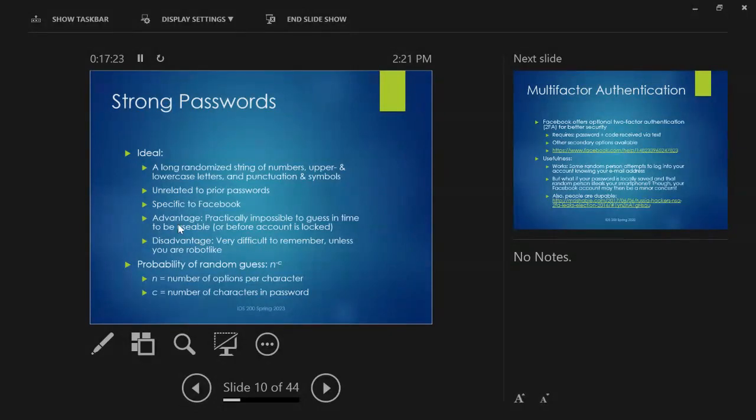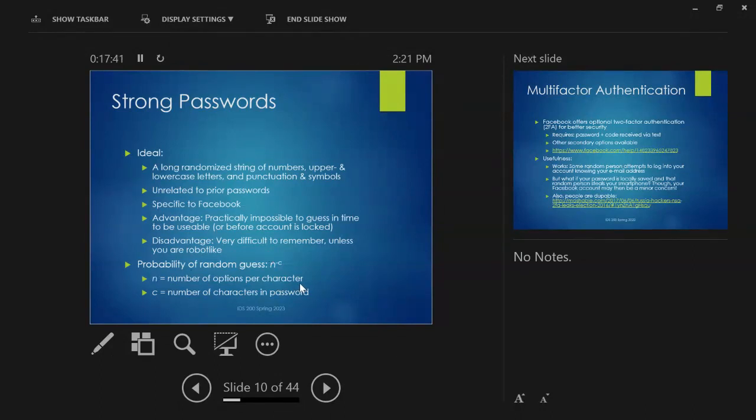All right. Now, you don't have to do math in this class. I'm not going to make you calculate the probability of guessing a password, but the formula for it is n to the negative c, which is what it's saying. The probability of guessing it is 1 in n to the c.